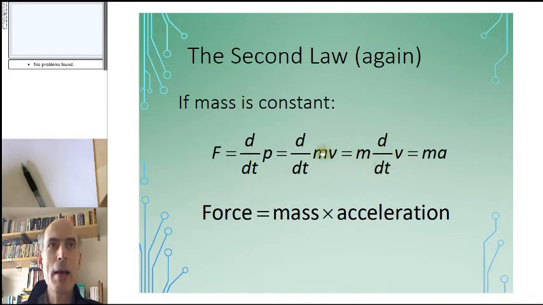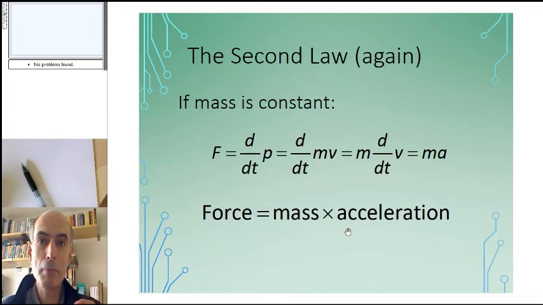We can take the m outside of the differential here because it's a constant. The rate of change of the velocity is, by definition, the acceleration. So that allows us to write Newton's second law in this simpler form. Force is mass times acceleration. But remember, this is only true if the mass of the object moving is constant.